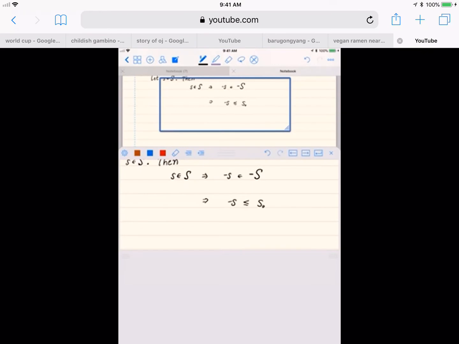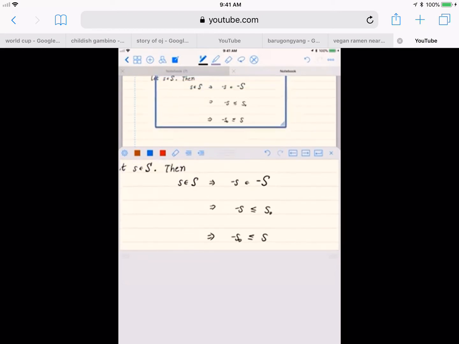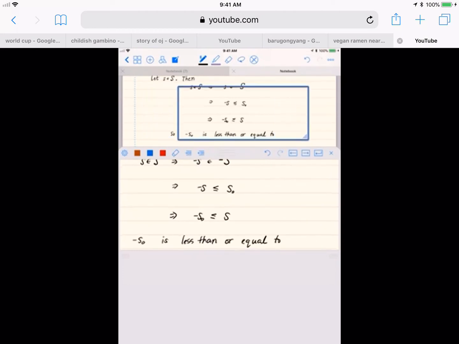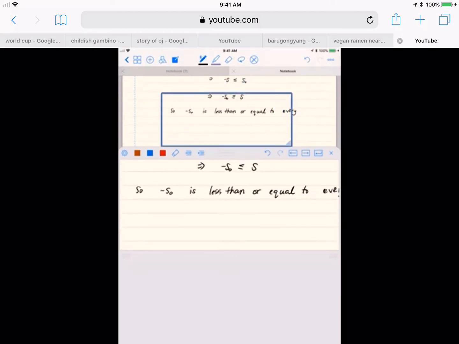And now we just essentially rearrange our inequality to get that s is bigger than or equal to negative S naught. So every element in the set S is bigger than or equal to negative S naught, and we can conclude that negative S naught is a lower bound for our set S.